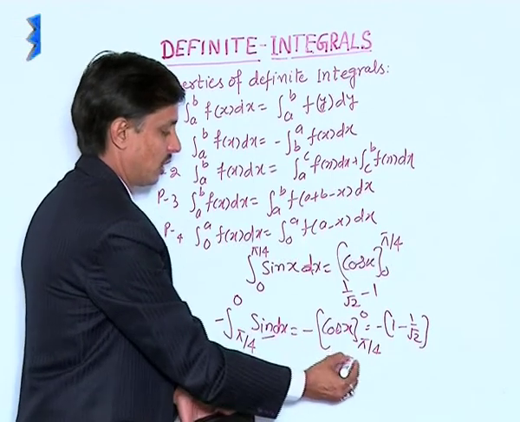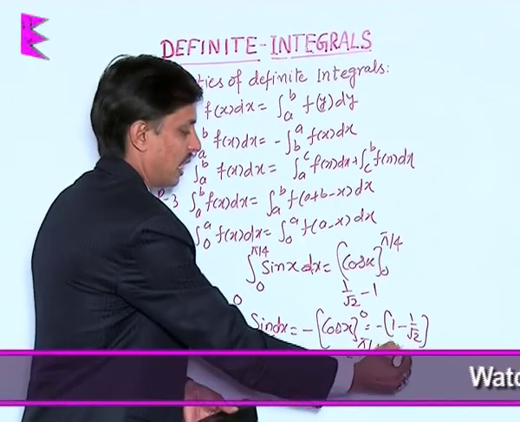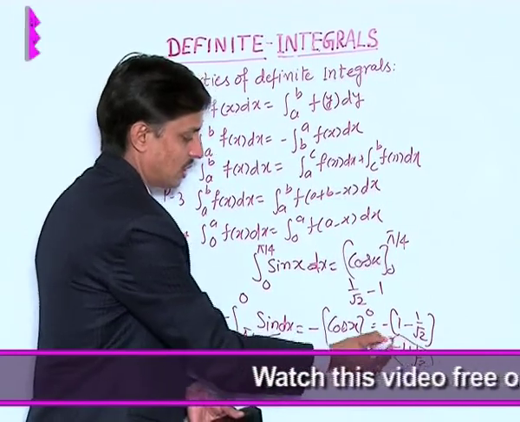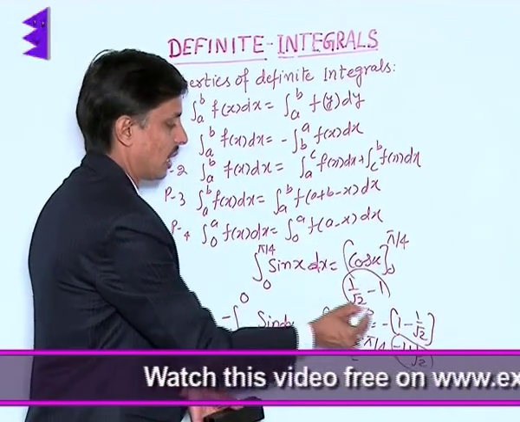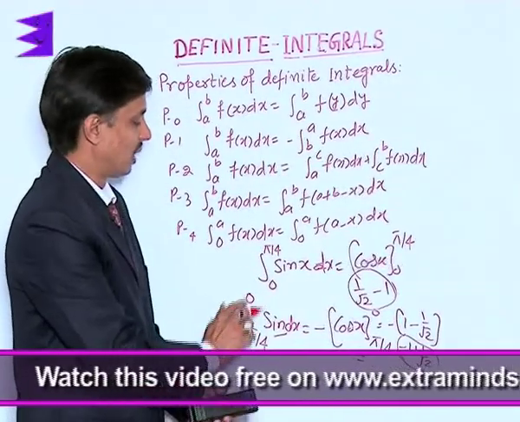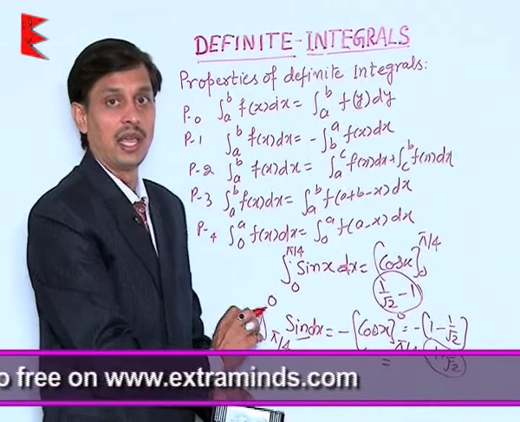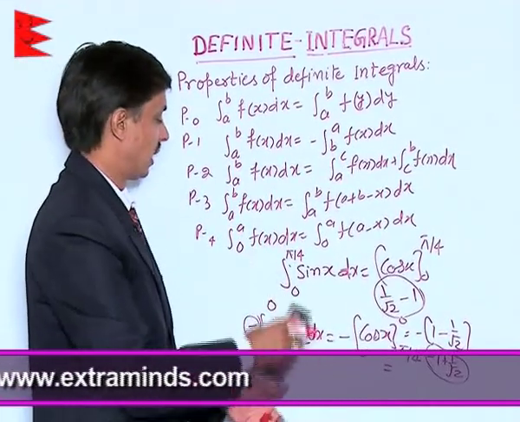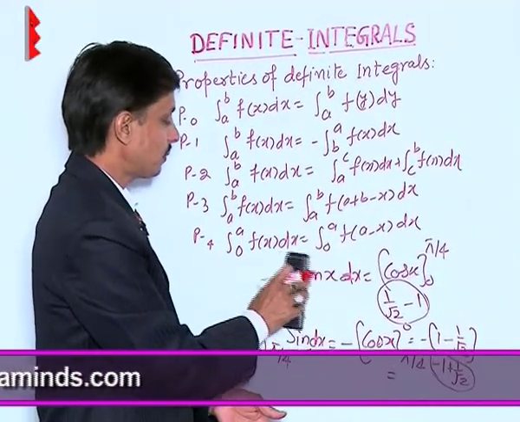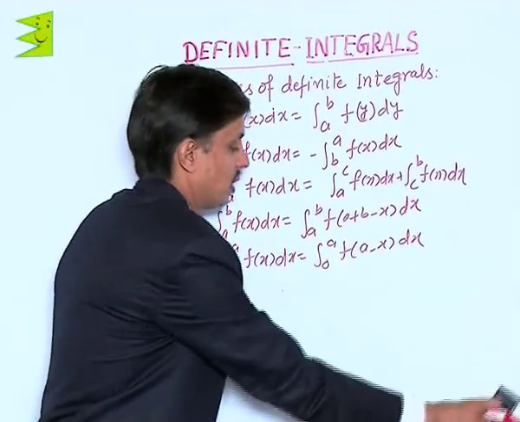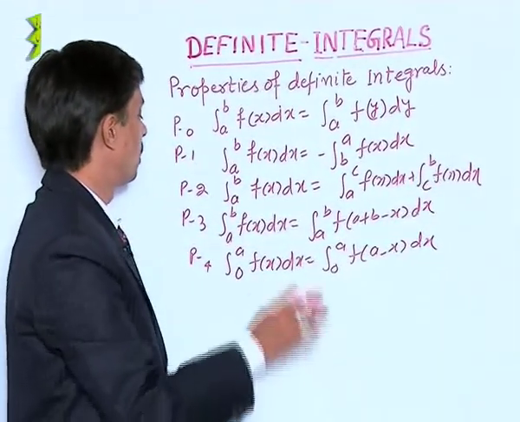So we can say it is minus 1 plus 1 by root 2. So clearly this answer and the earlier answer are equal. What we have done: if limits are reversed, then the negative sign will come outside. This is the explanation of this property, what impact comes on the problem if limits are interchanged.